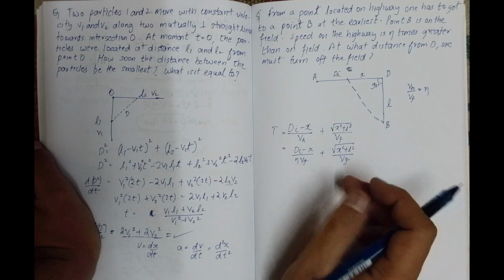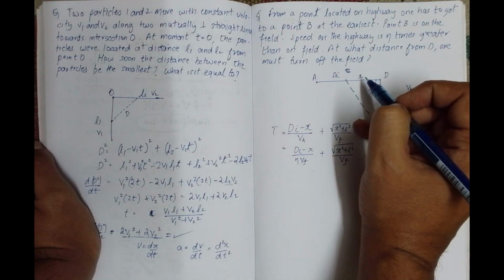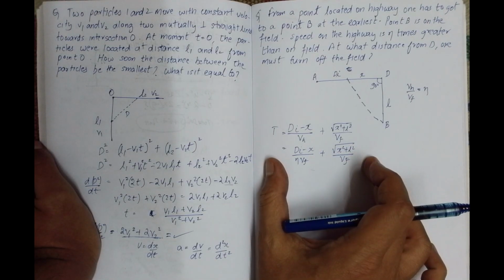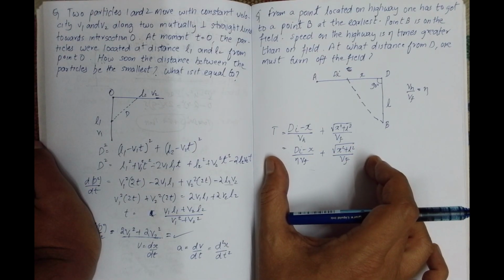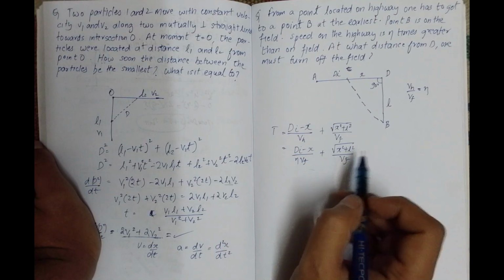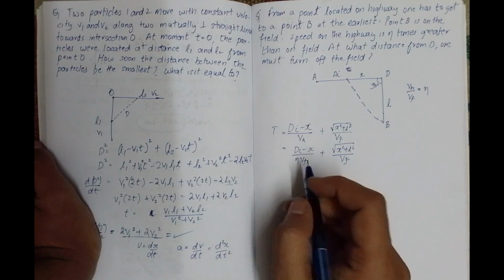Now the question is, what should be the value of x for this time to be the minimum? Again here we have this concept of minima. We just have to differentiate this with respect to x and put that equal to 0.